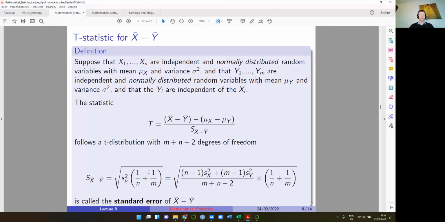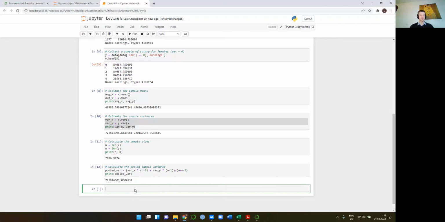What is the next step? The next step is to calculate the standard error, sorry, of this estimator. So this is the pooled variance multiplied by this sum, and then the square root. So calculate the standard error of the difference in sample means.